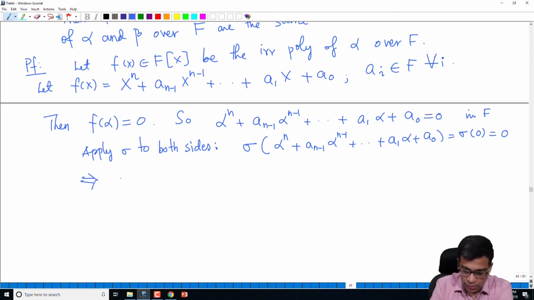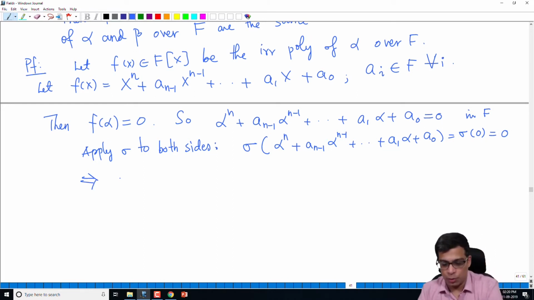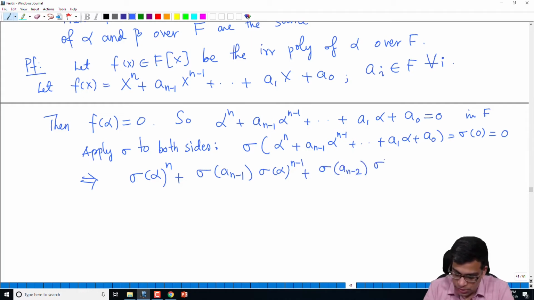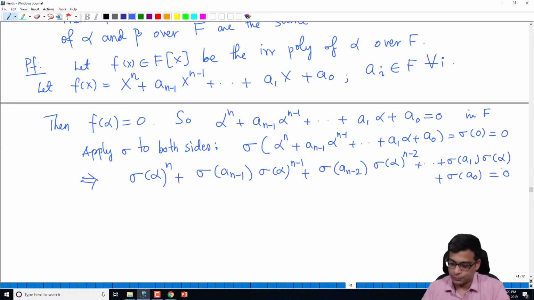Also because sigma is a homomorphism, you can put it inside the bracket and write this as sigma(alpha)^n plus sigma(a_{n-1}) sigma(alpha)^{n-1} plus sigma(a_{n-2}) sigma(alpha)^{n-2} plus dot dot dot plus sigma(a_1) sigma(alpha) plus sigma(a_0) equal to 0.